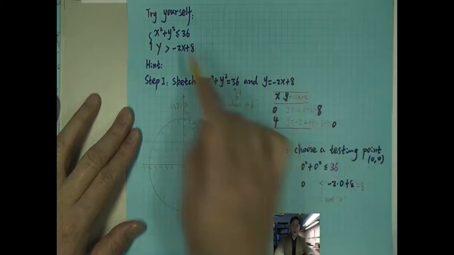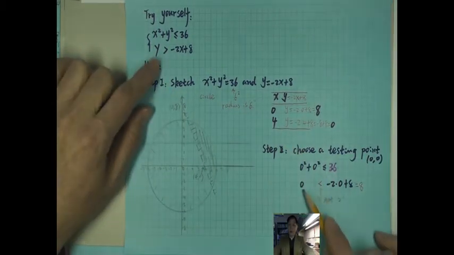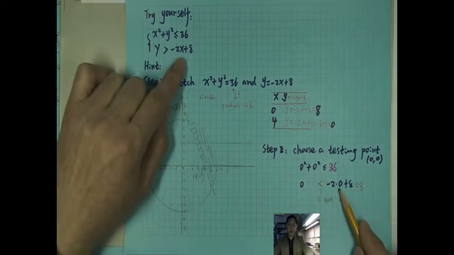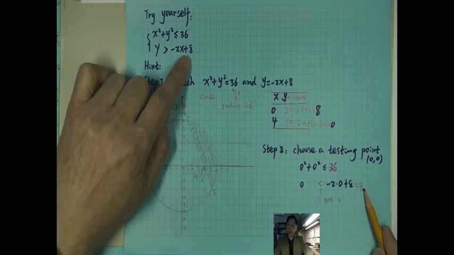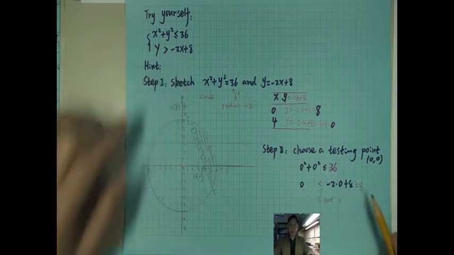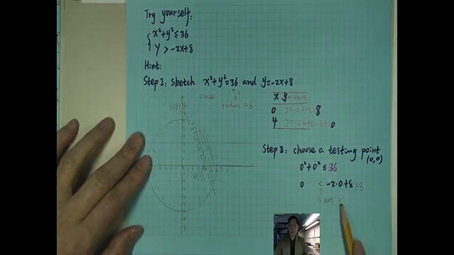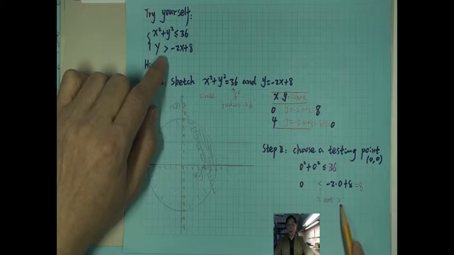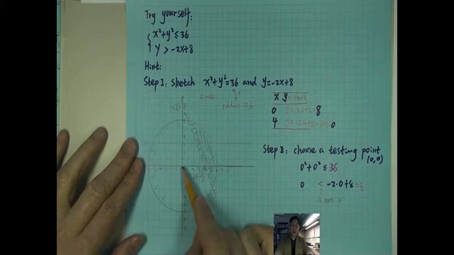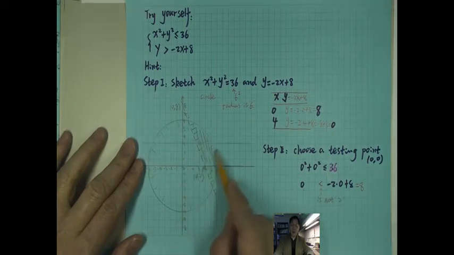Now, you plug in 0 here, 0 here. y is 0. If you plug in here negative 2 times 0, you have a 0. Plus 8, you got 8. Apparently 0 is less than 8, but here what we required is greater than. So I put is not. It should be this one, but it's not. So if it's not origin, then you should mark the other side of the line instead of the origin.